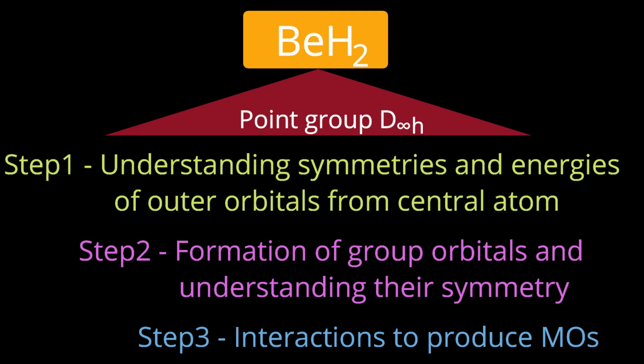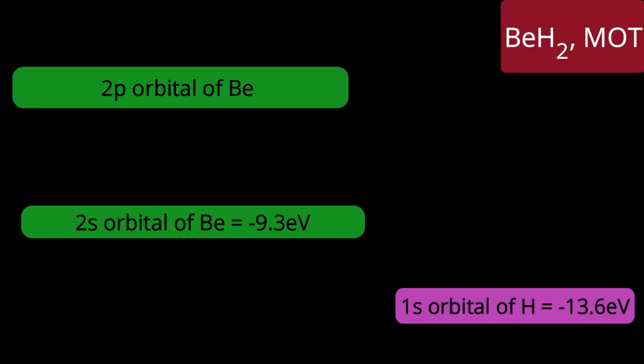Let us see the energies of the various orbitals. We are with beryllium as the central atom, and it has electrons in the second shell. So only two orbitals are there, 2s and 2p. The energy of the 2s orbital of beryllium is minus 9.3 electron volt.